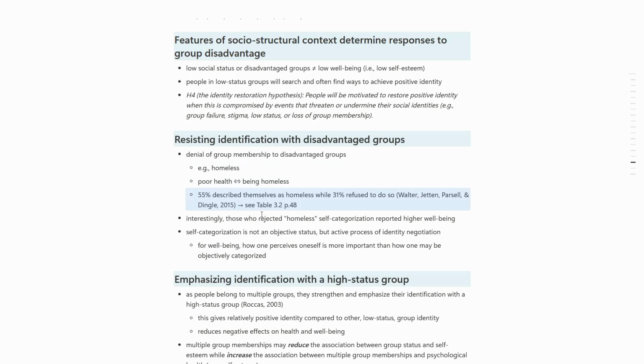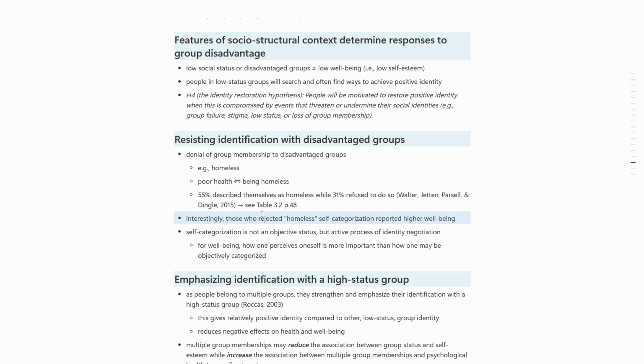And then there are different expressions and ways that people refuse to describe themselves as homeless in the textbook. So I strongly recommend you read that part. And even more interestingly, those who rejected homeless self-categorization reported actually higher well-being.